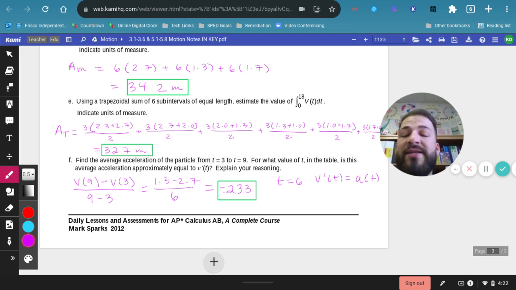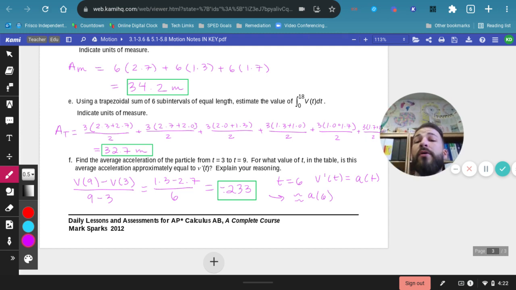And our acceleration that we found is a good approximation of roughly a of 6, which, since it's supposed to be an approximation of that interval, would be a good approximation of the acceleration at about 6 because it's the average over the entire interval. And so that would really be my justification here.